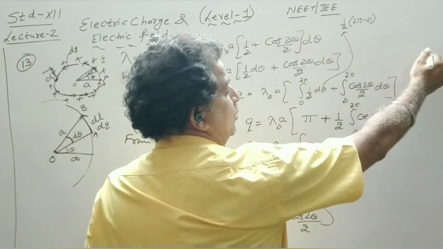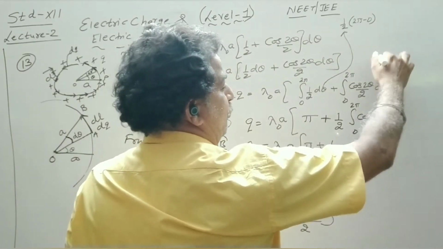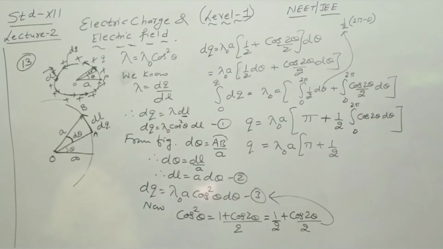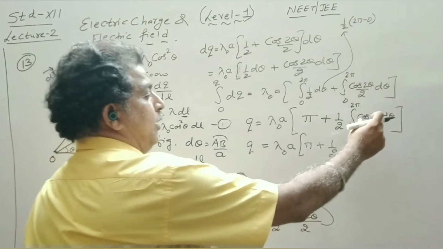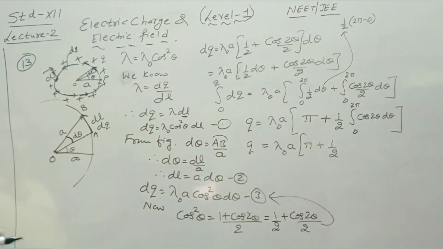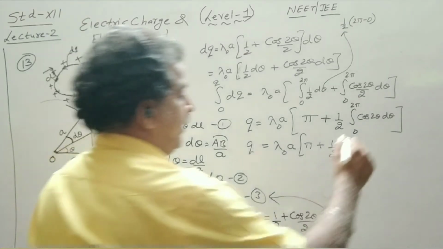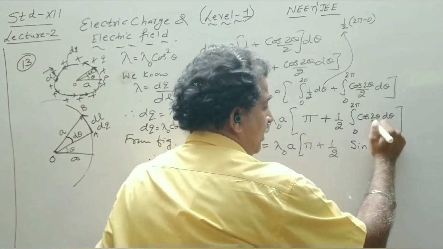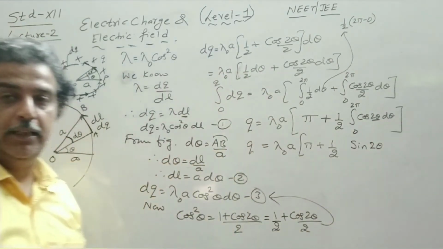Derivative of sin theta is cos theta. Derivative of cos theta is minus sin theta. Mathematics students know the integration of cos theta will be sin theta. So integration gives sin 2 theta, then we do the derivative of 2 theta.